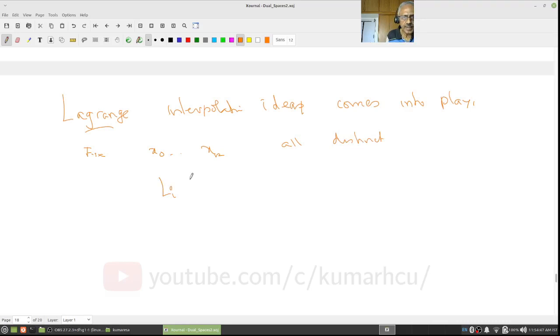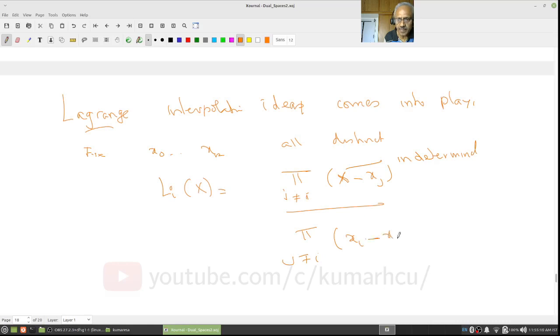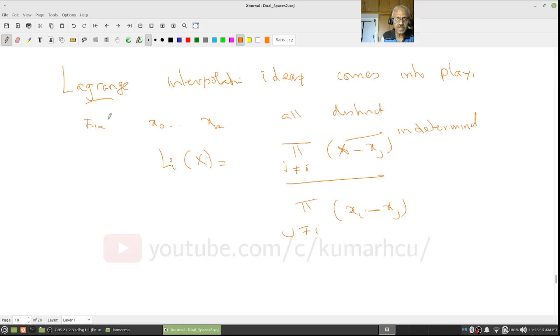Define Li of capital X to be the product over j not equal to i of X minus xj, divided by the product over j not equal to i of xi minus xj. Remember, capital X is the indeterminate. These xi are all distinct, therefore the denominator makes sense. It is not equal to 0. Therefore this is a constant.